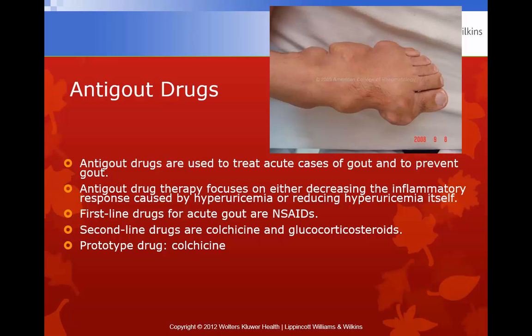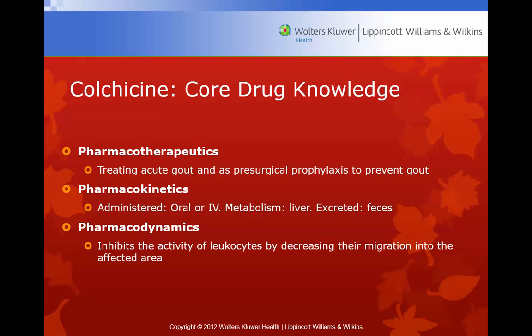Our prototype drug is colchicine. Pharmacotherapeutics: treating acute gout and as pre-surgical prophylaxis to prevent gout. For pharmacokinetics, it is administered orally or IV. It's metabolized in the liver and excreted in the feces. It is occasionally effective for other types of arthritis.